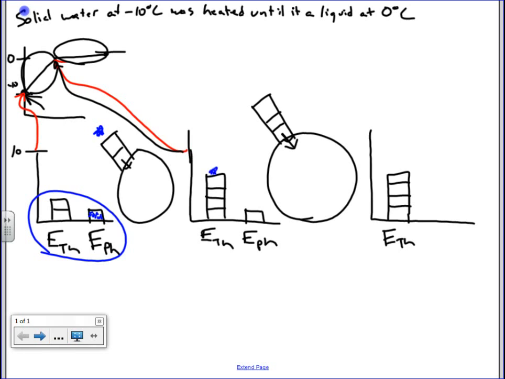Now that we've heated it up to the melting point, when we add more energy here, that energy is changing it from being a solid and going in and making it be a liquid.